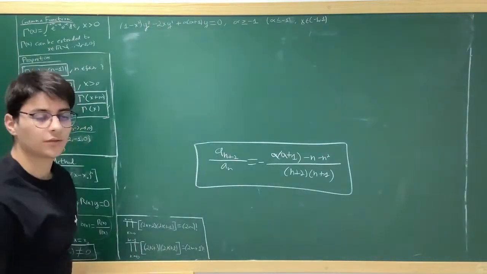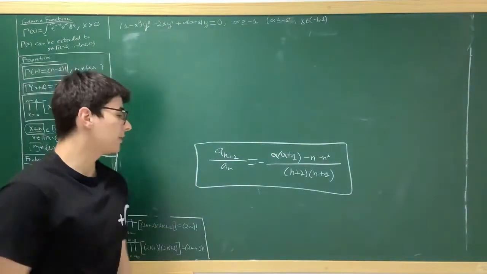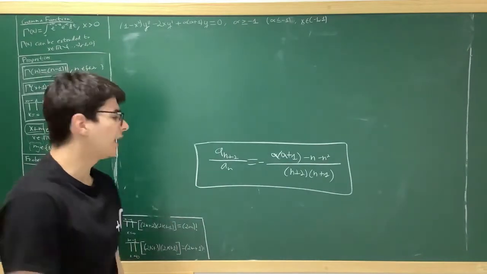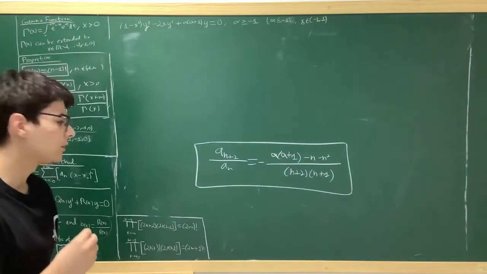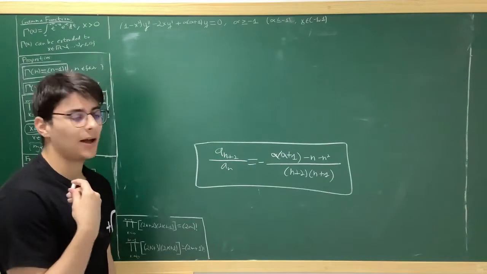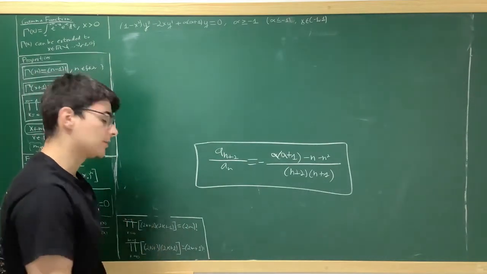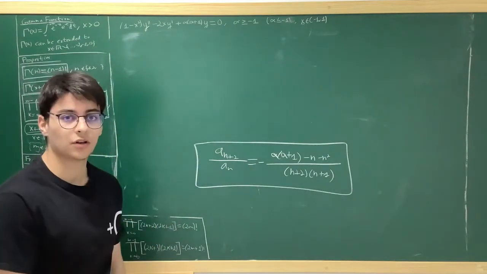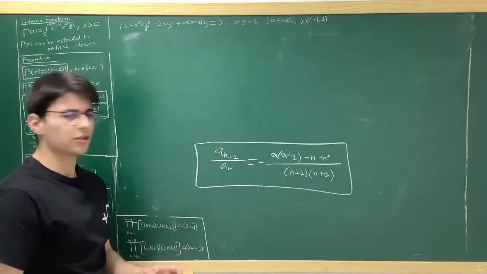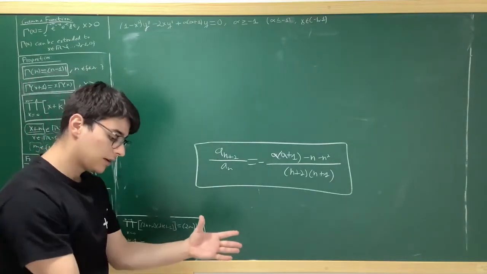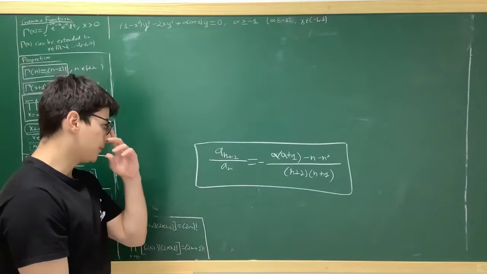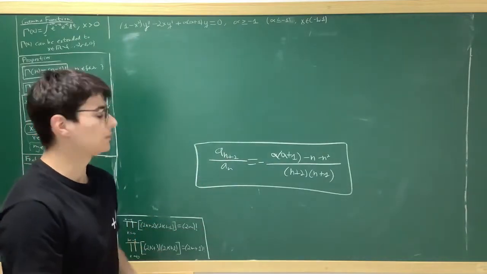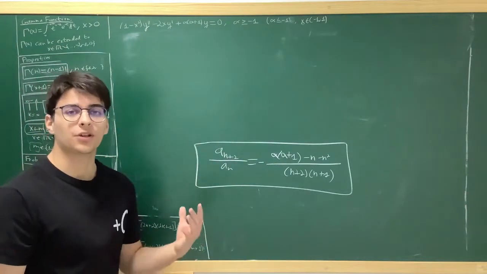And what is a difference equation? Well, here you can think of a_n as the function and a_(n+2) as the double derivative. So this is what we call a recurrence relation, or as many authors call it, a difference equation. Some authors make some distinctions between recurrence relations and difference equations, but essentially in most cases they are the same.